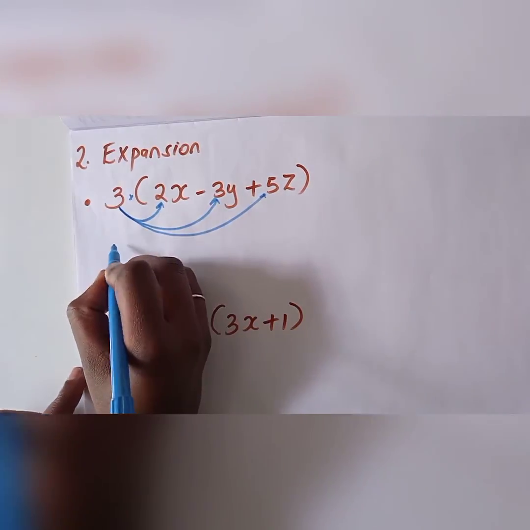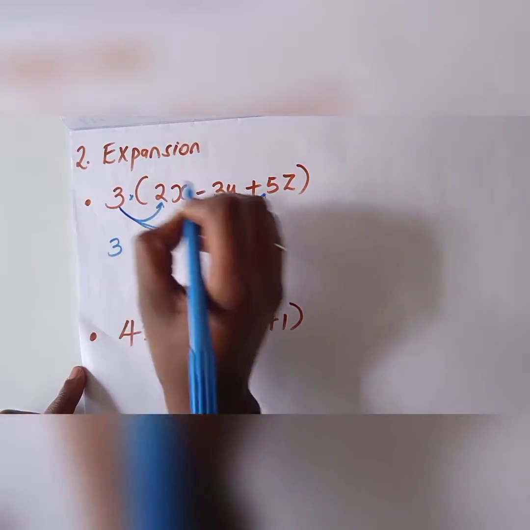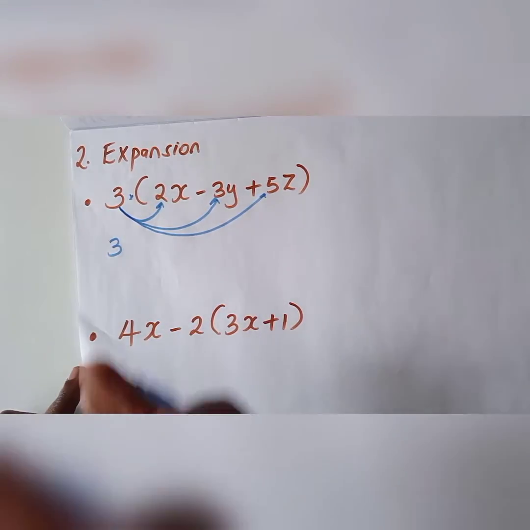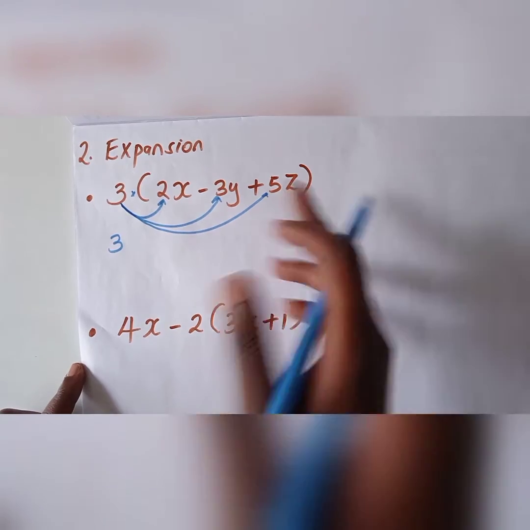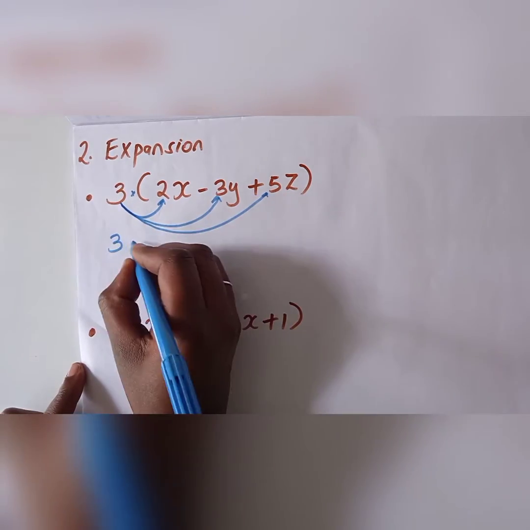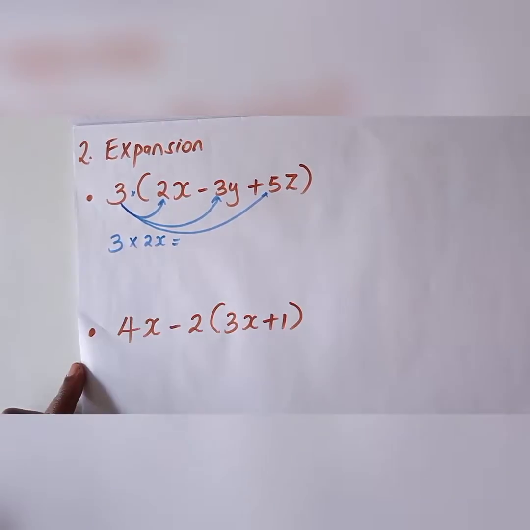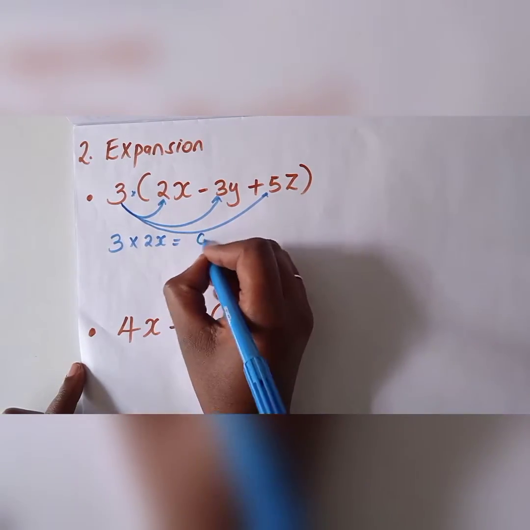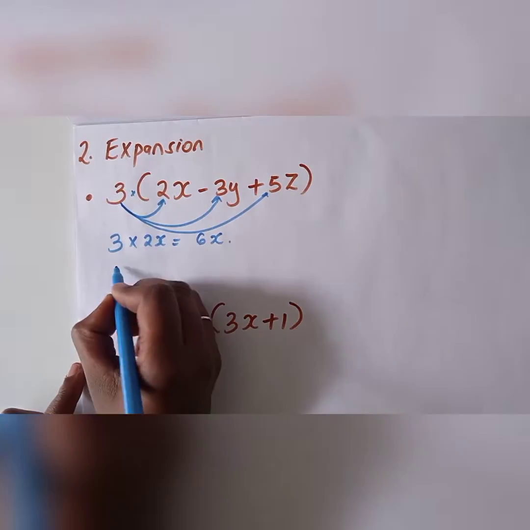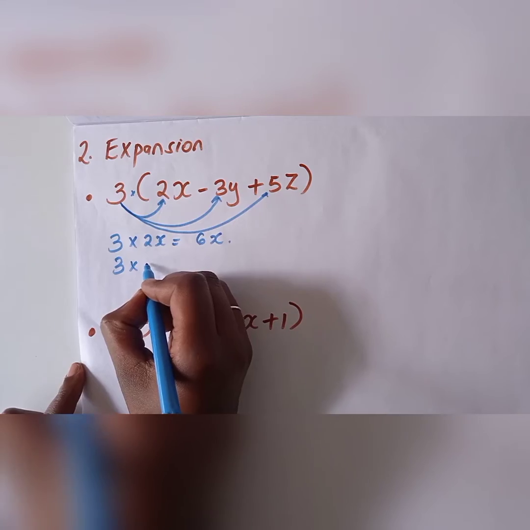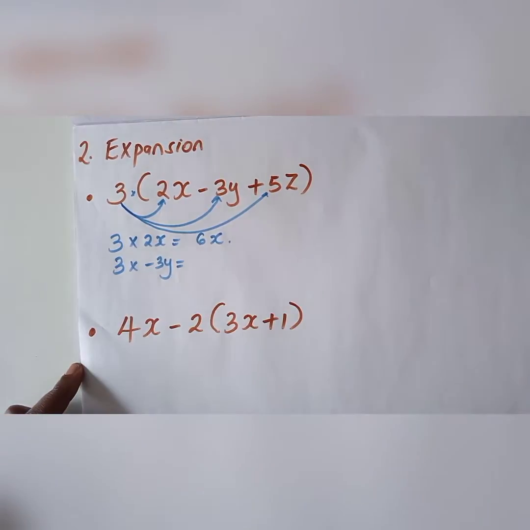So we're going to take the number outside the bracket, and you multiply it out with each of the items inside the bracket. So it's going to be 3 times 2x, that one will give us 6x. Same thing, 3 times minus 3y. So you're also taking the sign before the number.